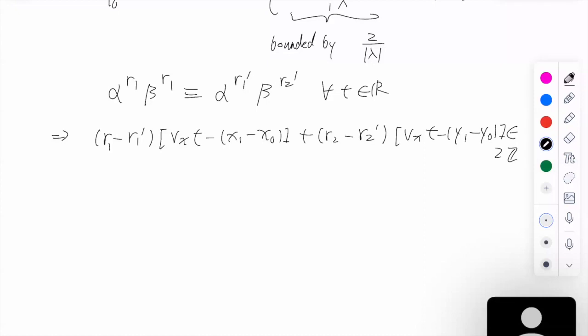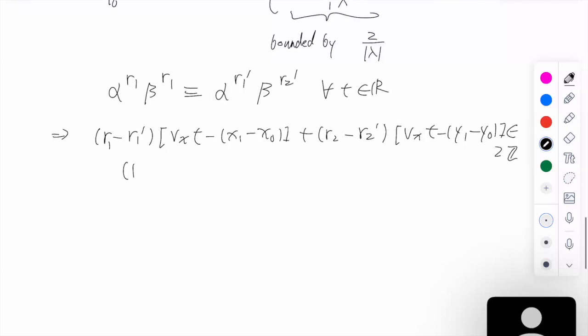As a result, we need the coefficient of t to be 0. This means that R1 minus R1 prime times Vx plus R2 minus R2 prime times Vy is equal to 0. Because we know that R1, R2, R1 prime and R2 prime must be integers, these two differences must be integers as well.